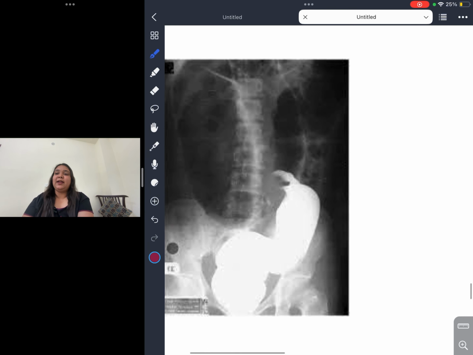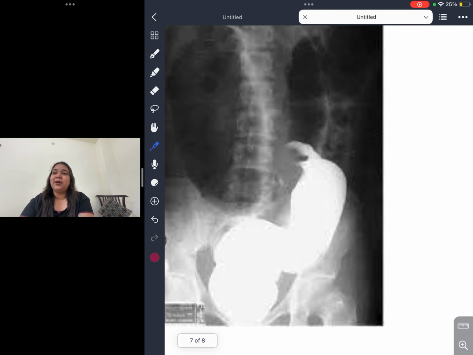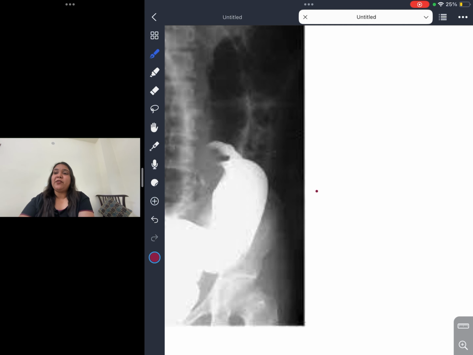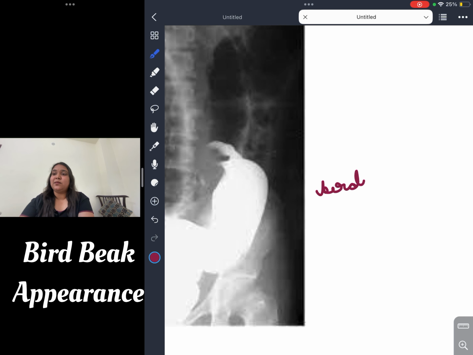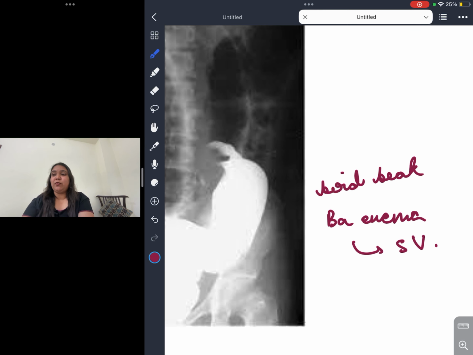Now if you look again, it looks like a beak of a bird. It looks like a beak of a bird. Here, if you notice, this is your barium enema. So if you have a bird beak appearance in your barium enema, this is again your sigmoid volvulus.